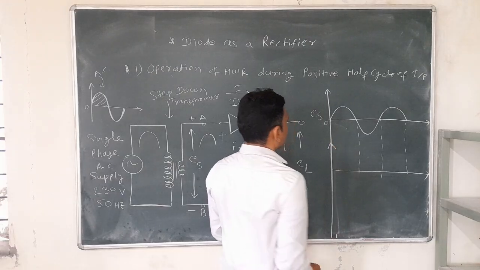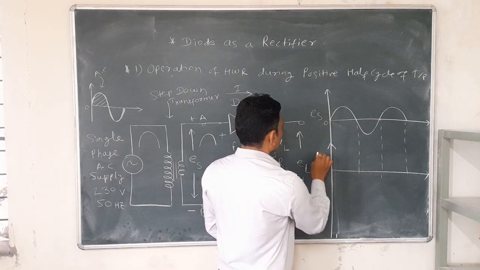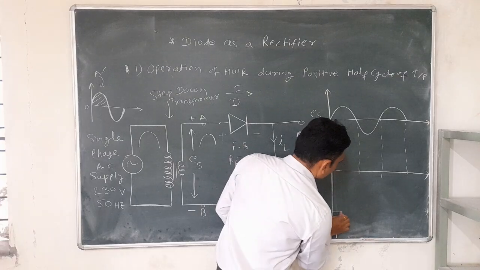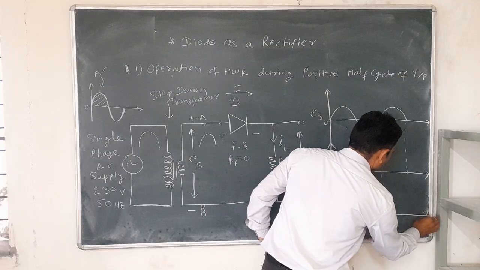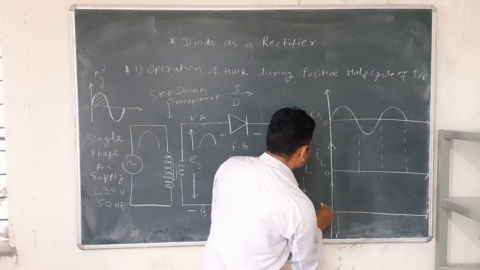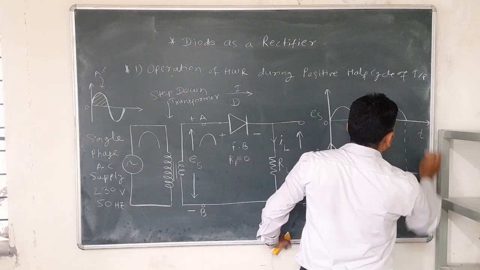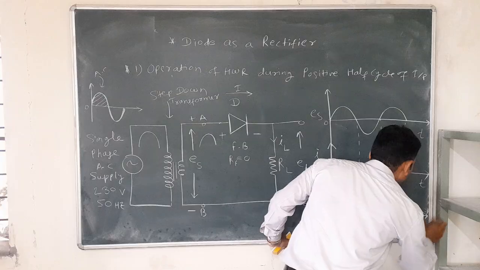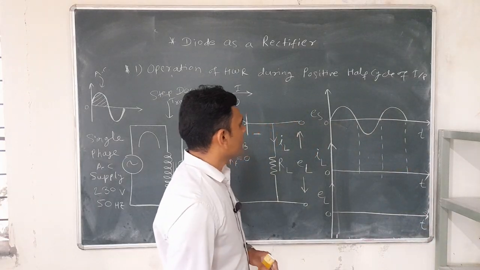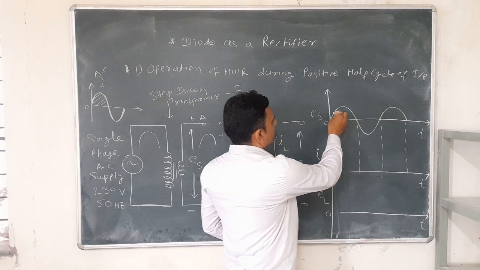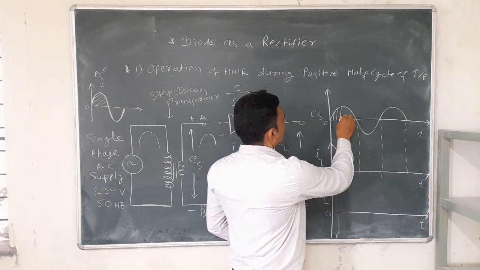Consider the second waveform is of load current IL and the third waveform is of load voltage EL with respect to time. So initially we have considered the positive half cycle of the input.